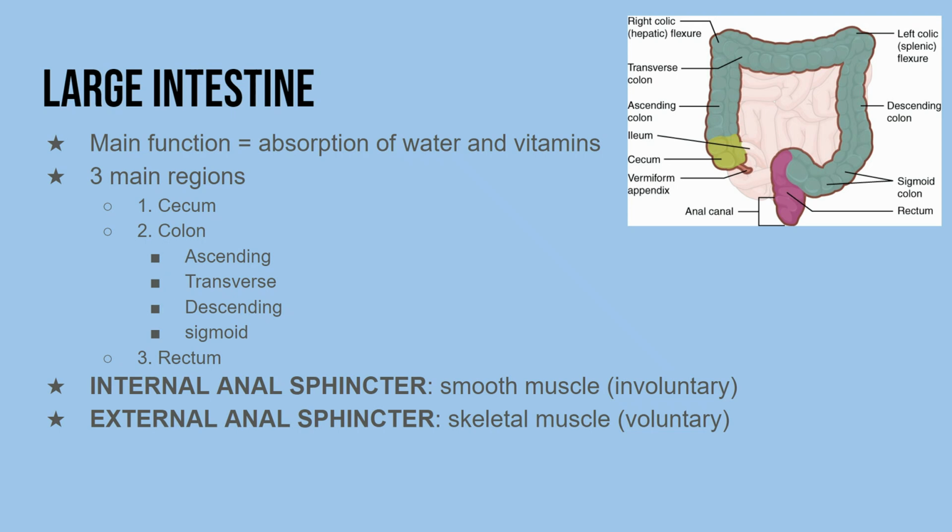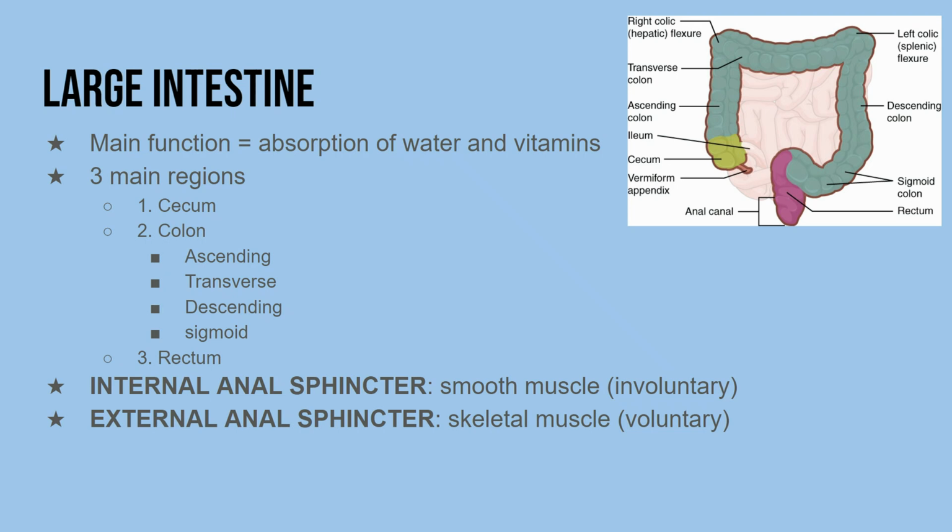Does segmentation and peristalsis happen everywhere, or just in the small intestine or large intestine? That's a good question. I think it happens everywhere, but in certain regions it happens more.